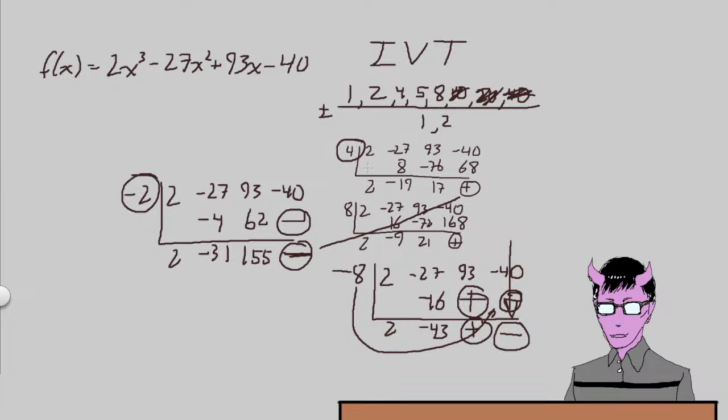Remainder factor theorem is this thing. Since we have a remainder that's not 0, that means this is not a 0, which means x plus 2 is not a factor. That's remainder factor theorem. Or if you plug in negative 2 into this function and it spits out a negative value, that means it is not a 0.